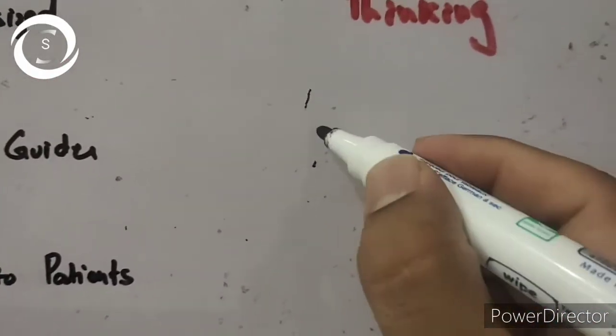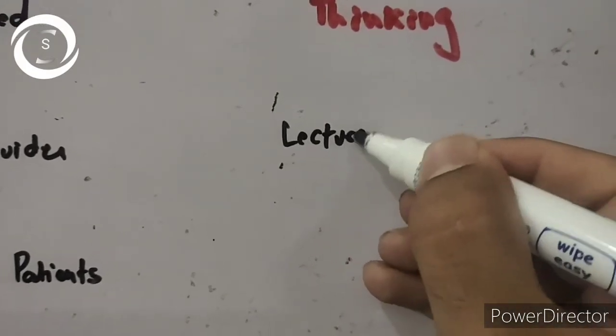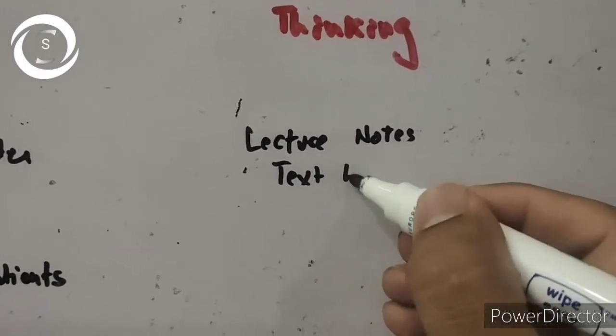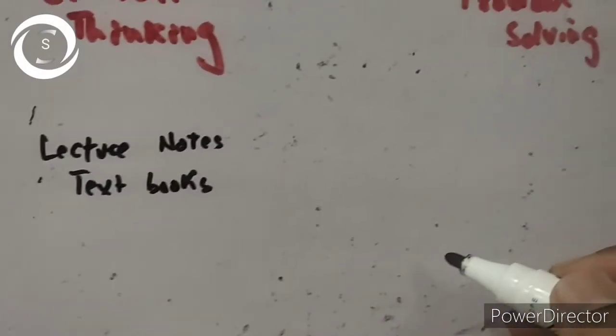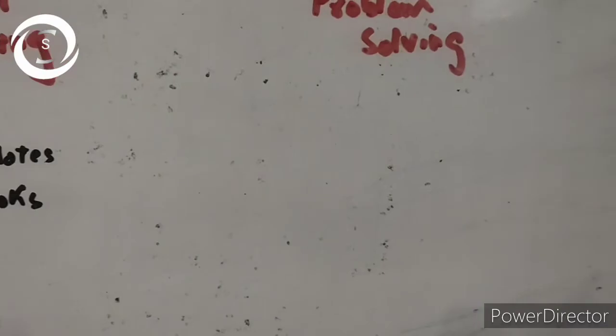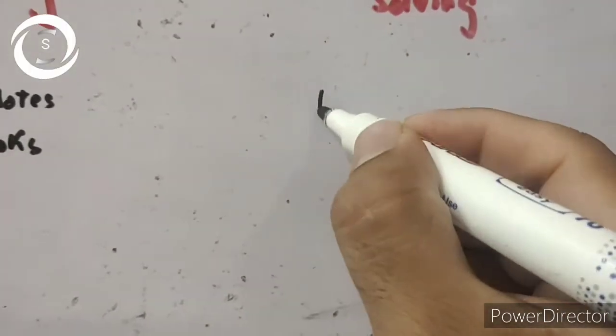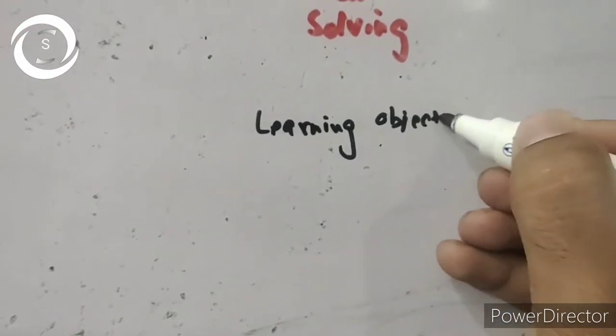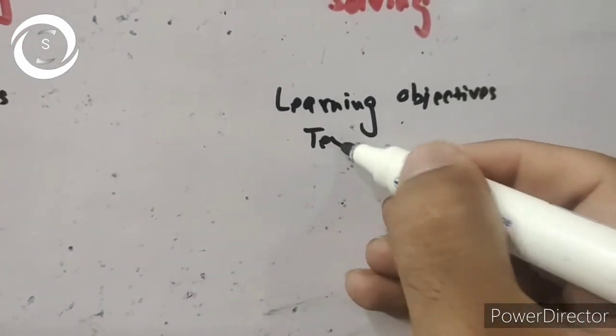Learning guides in discipline based: lecture notes and textbooks. In organ based: learning objectives and textbooks.